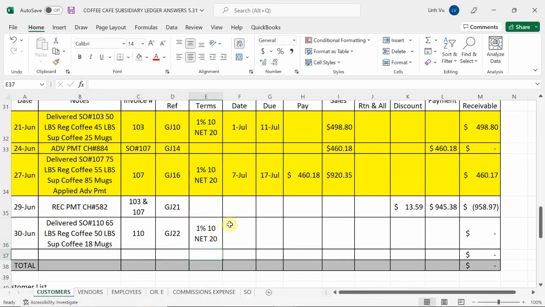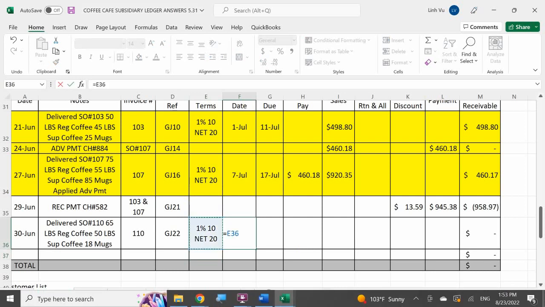And then it's page 22. And then the discount due date is July 10th. And then the due date is July 20th. For the sales total of $533.17.